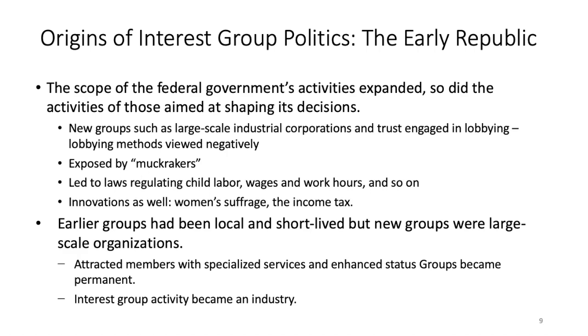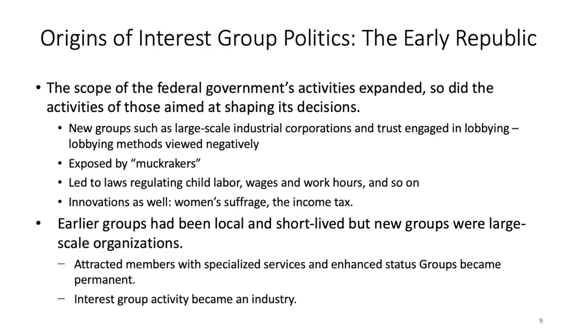Now, in the early republic, we see the emergence of interest groups, and it's in this early portion that we really start to see when lobbying might have gotten its dirty name. Government's activities were expanding, and people who wanted to shape the decisions of government expanded their efforts too, creating professional lobbying groups.